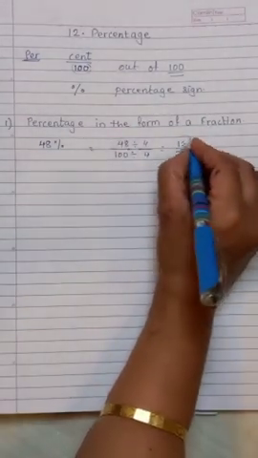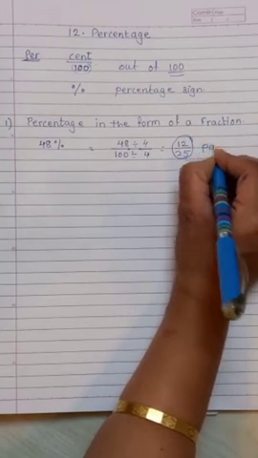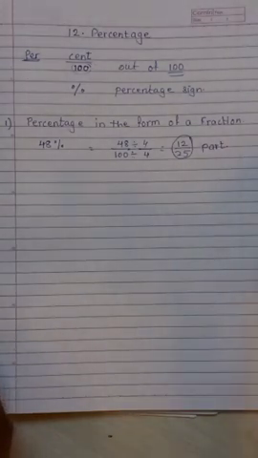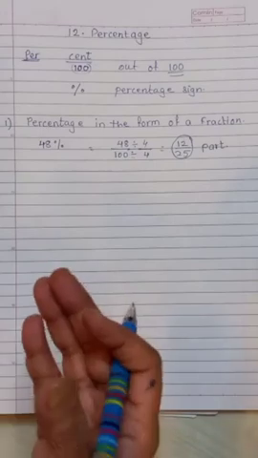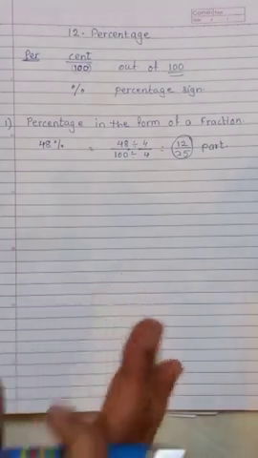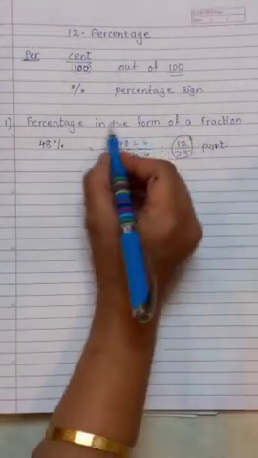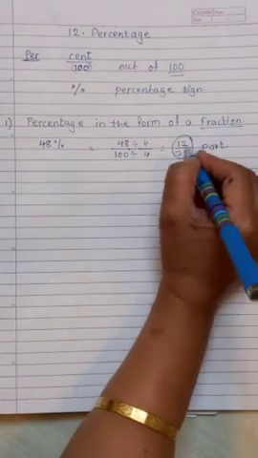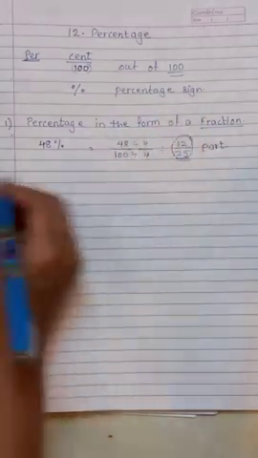So 12 upon 25 is the part. Got it? It means out of 100, 48 means 12 upon 25th part. This is the form of fraction. How can we convert a percentage into a fraction? This is the way. One more example.